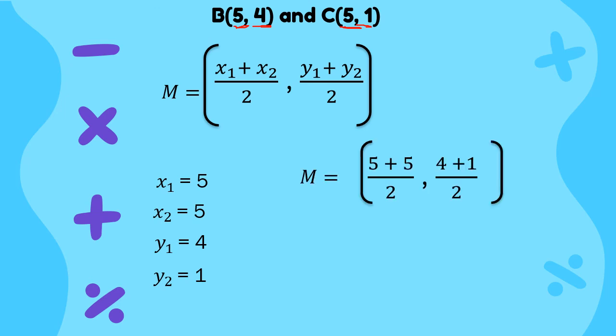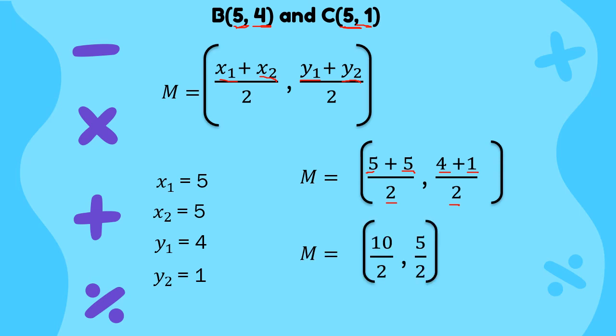Next, substitute the values. So we have x sub 1 is equal to 5 plus x sub 2 is also equal to 5, divided by 2. Next, y sub 1 is equal to 4 plus y sub 2, wherein y sub 2 is equal to 1, then divided by 2.